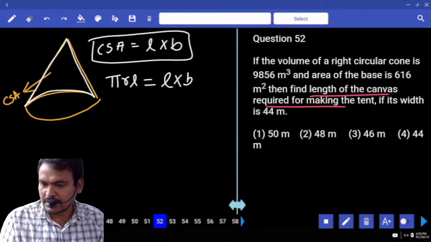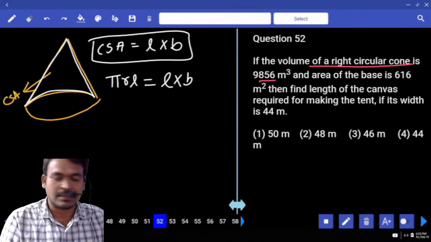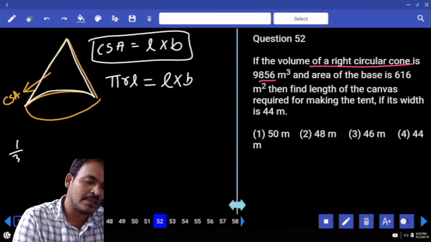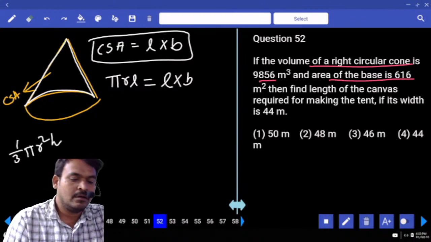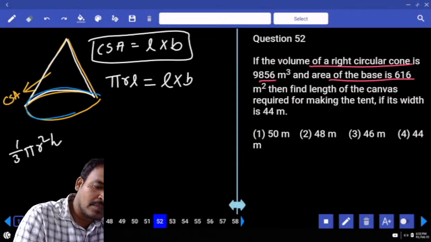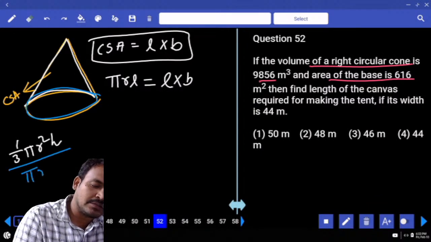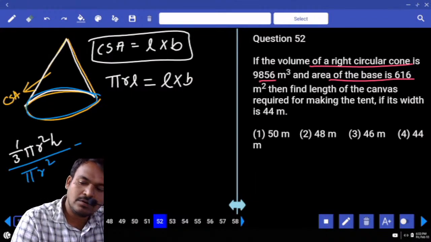Okay, first, what is the volume of a right circular cone given? 9856. What is the volume formula? 1 by 3 pi r square h, divided by the area of the base. The cone base is circular. What is the circle area? Pi r square. So 1 by 3 pi r square h by pi r square equals 9856 by how much value? 616.